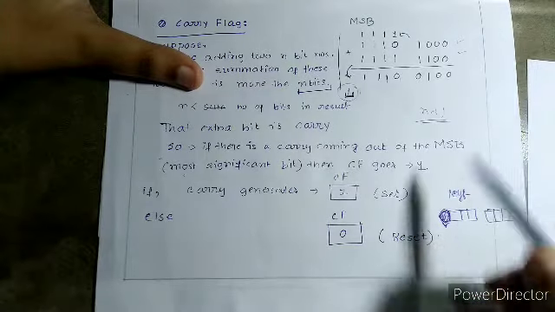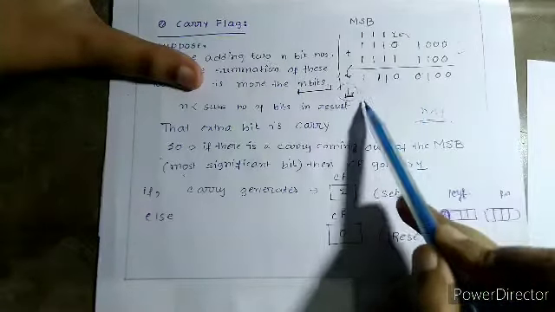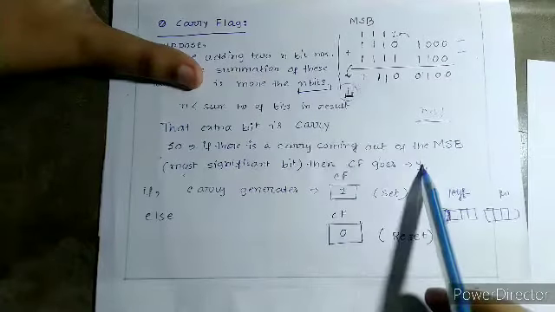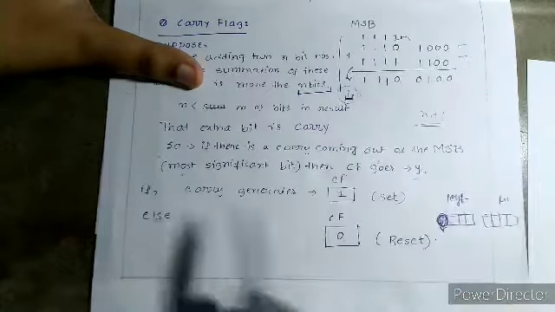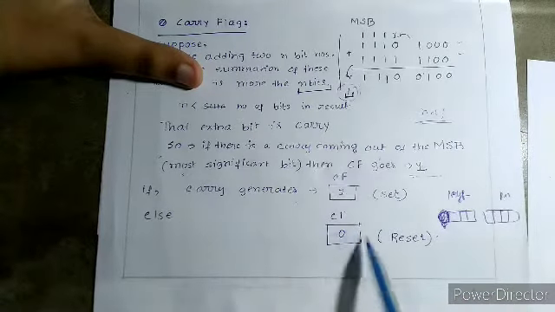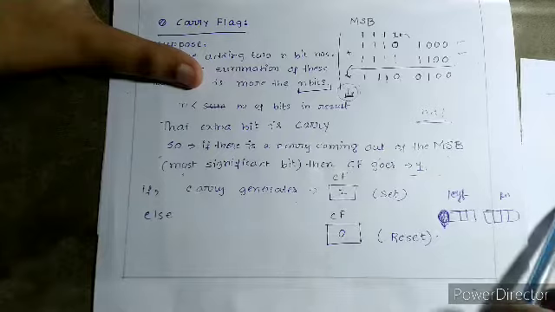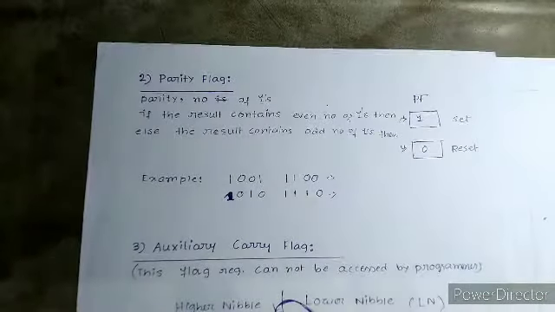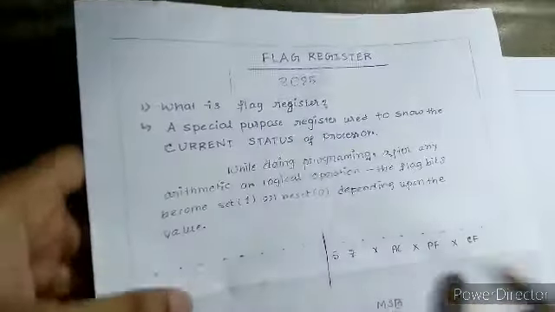So if there is a carry coming out of your MSB, then the carry flag goes 1, which is the set position. So if carry generates, carry flag is set as 1, else the carry flag is 0, the reset position. Clear?